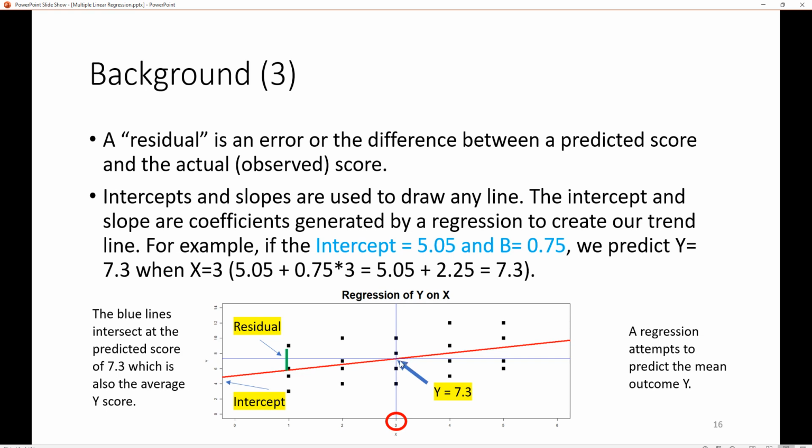And that's what we see in this graph here. When our x equals 3, if we run that calculation, it'll predict that our value is 7.3. And the blue lines intersect at the predicted score of 7.3, which is also the average y-score, where the average y-score and the average x-score meet.